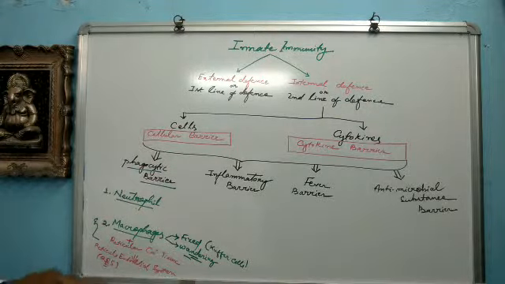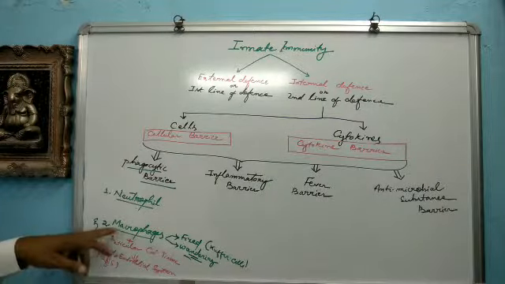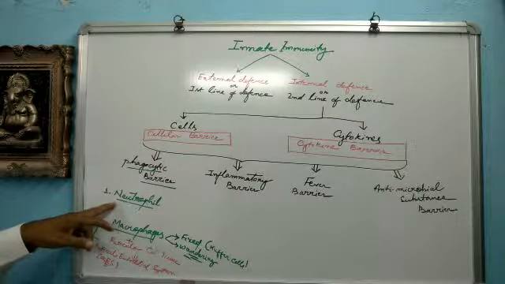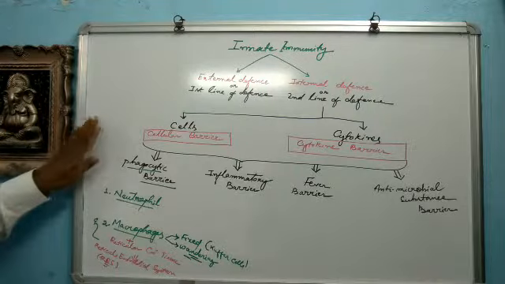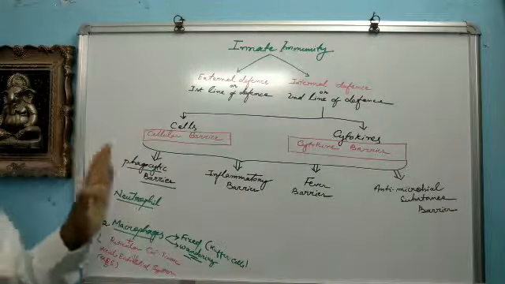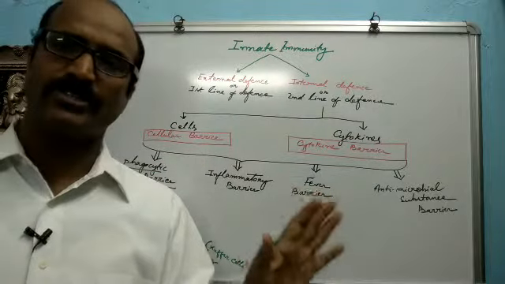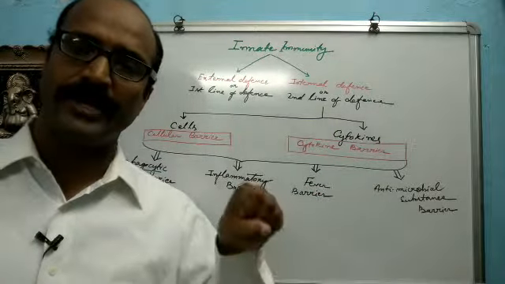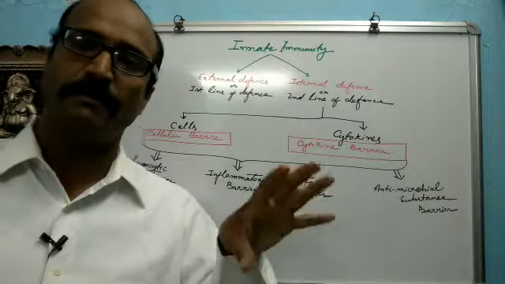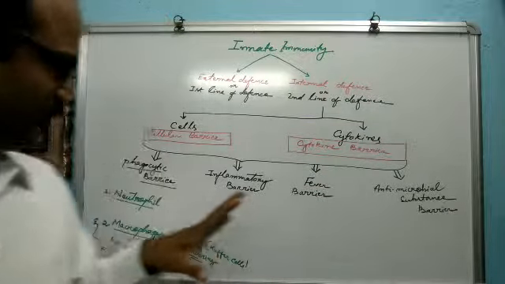Such reticuloendothelial system, such macrophages, such neutrophils, they form the barrier known as the phagocytic barrier. They try to destroy the bacteria by engulfing, by endocytosis, by the phagocytosis method.